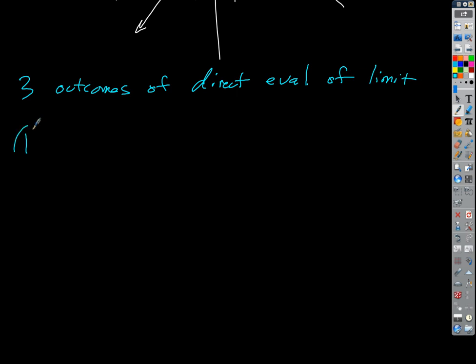The first option is you get something of the form A over B, where B is not equal to 0. Some rational number, right? Maybe it could be irrational, but you get some real answer, and you're done. That's the answer.